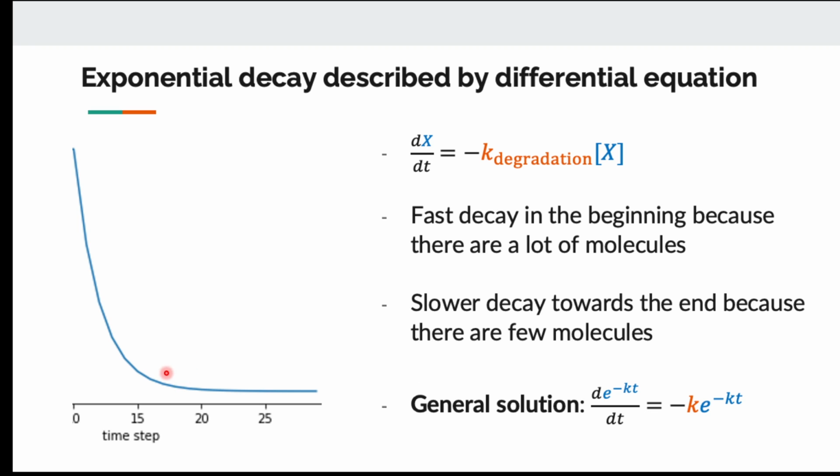And this graph, when you learn in chemistry, they might tell you that this is an exponential decay, and it's the exponential function with negative power. But if you learn about differential equation from the perspective of calculus, when you have this kind of equation, the change in molecules over time is a minus of certain constant multiplied by the concentration of the number of molecules.